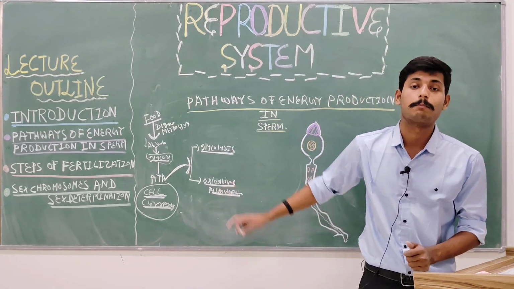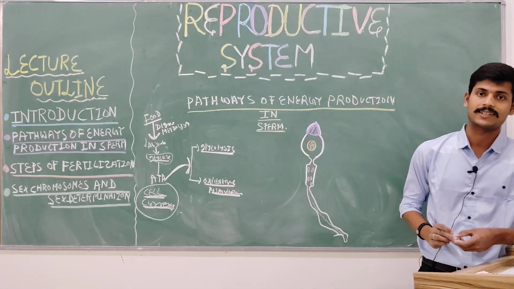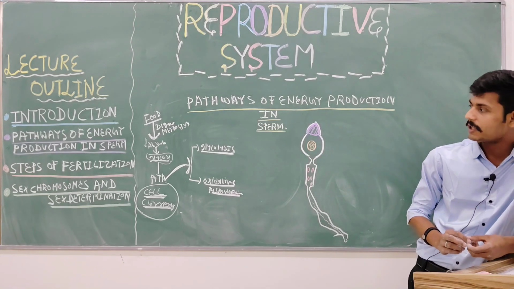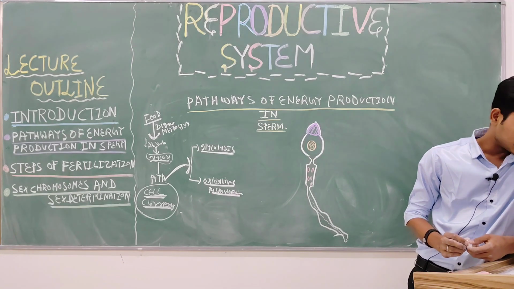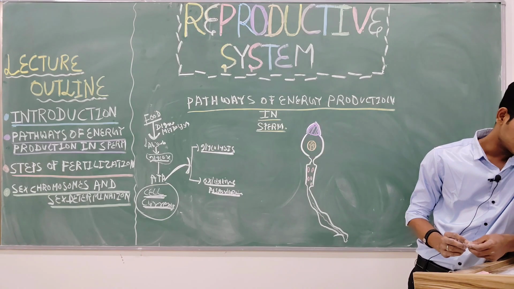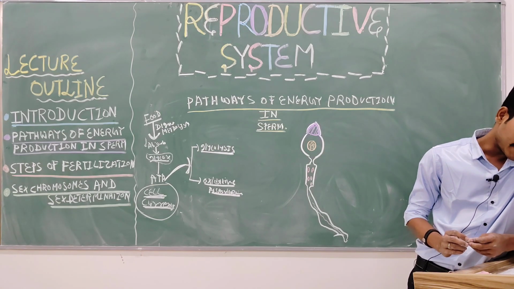These are biochemical cycles via which the glucose is changed into the ATP.